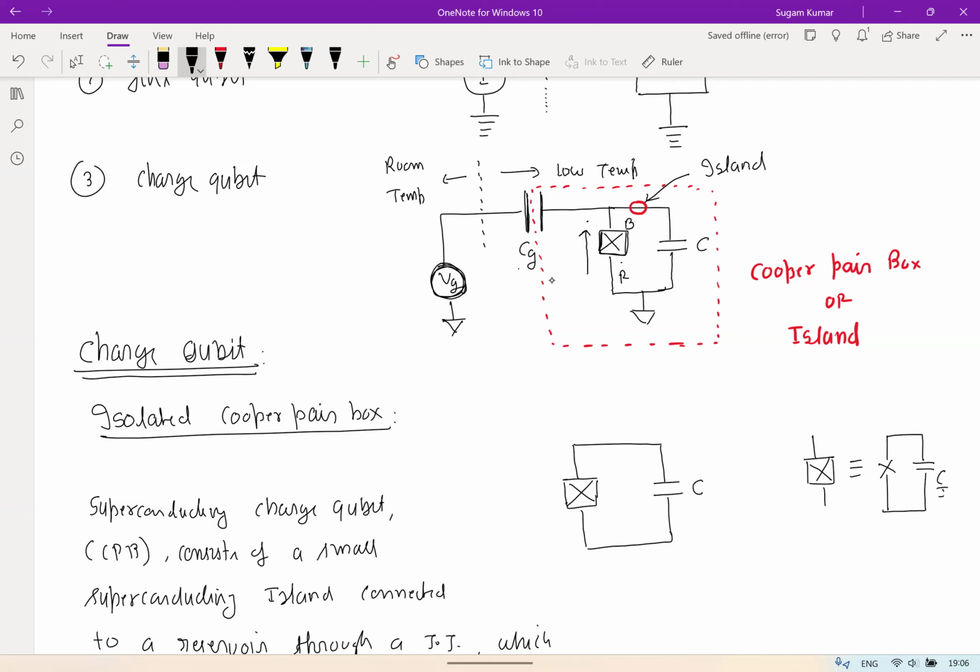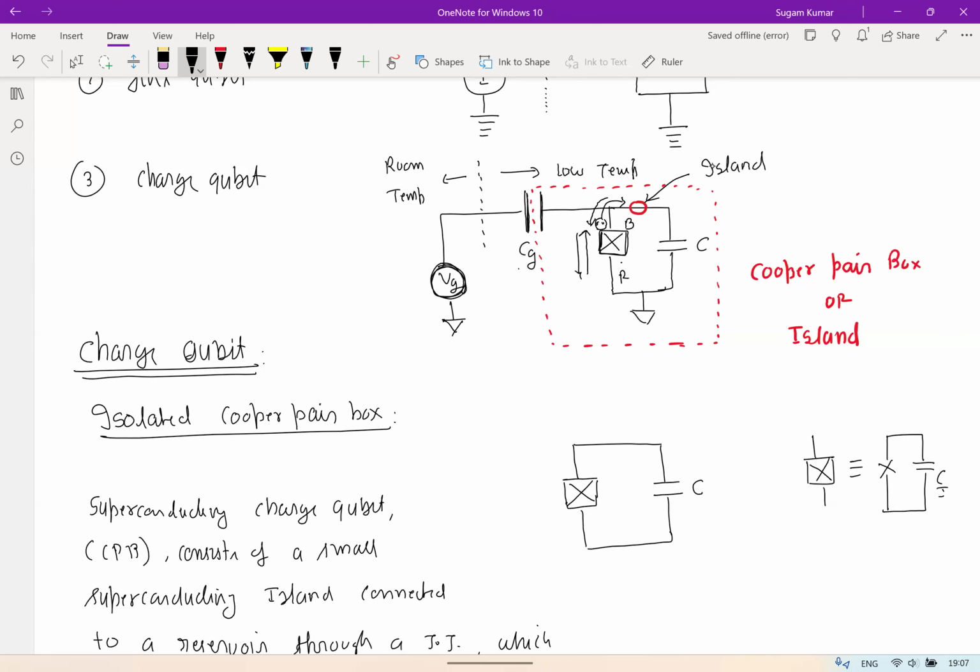This charge helps to pull these Cooper pairs to the island, or push them back toward the reservoir.